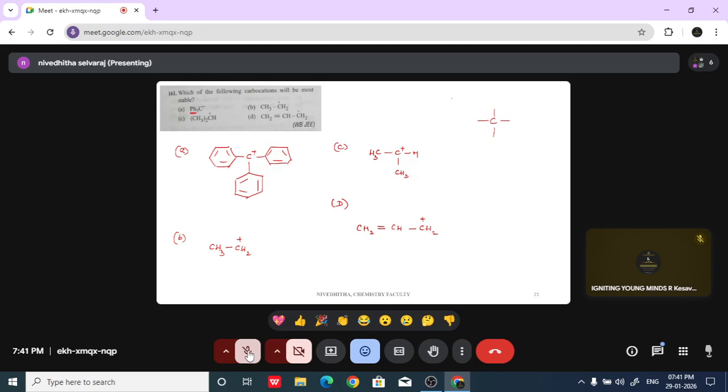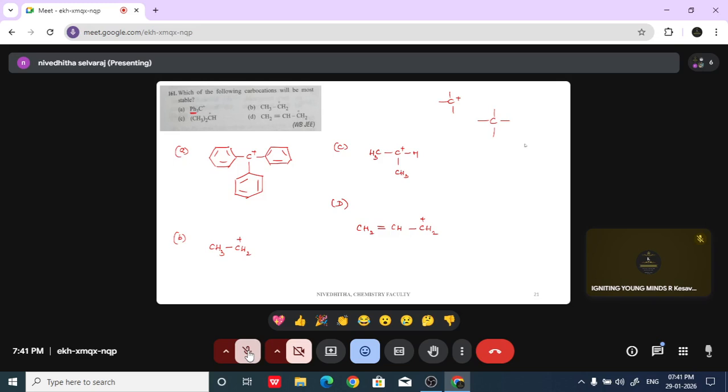As far as carbocation is concerned, this carbocation is an electron deficient carbon. Carbon lost its own electron, so this is unstable. Though all the four options are electron deficient carbon, among those four we have to check which is the most stable carbocation.